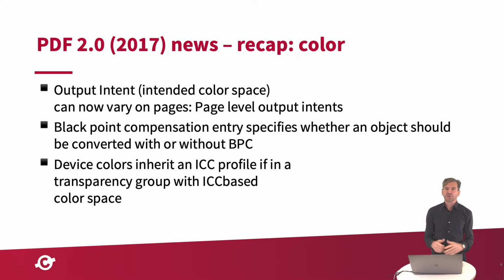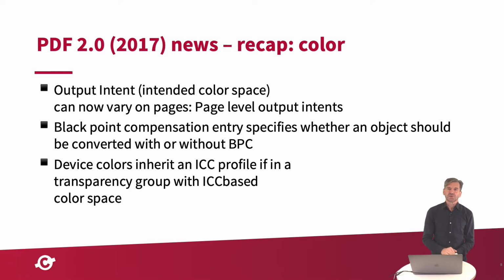So if output intent is taken seriously, that wouldn't work in a single PDFX file, because you would want to have different output intents for the two parts of the file. You can do that in pdfToolbox or in PDF X-6. So I believe, and we will get to that later on, I think that is maybe the most important new feature in this overall series of new standards. And then there is a black point compensation entry.